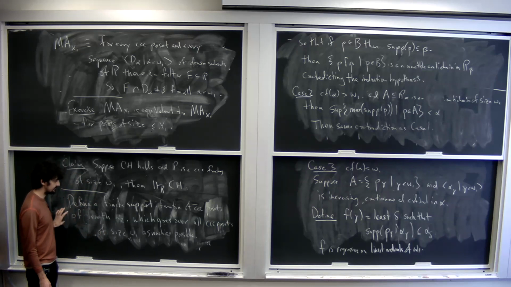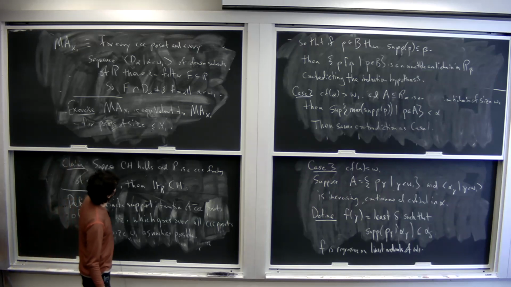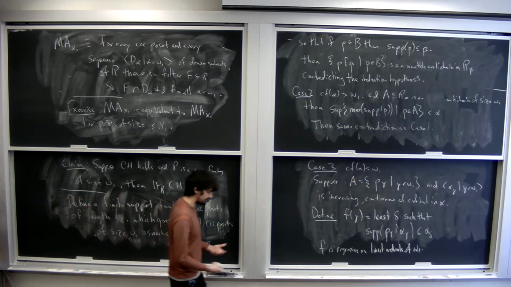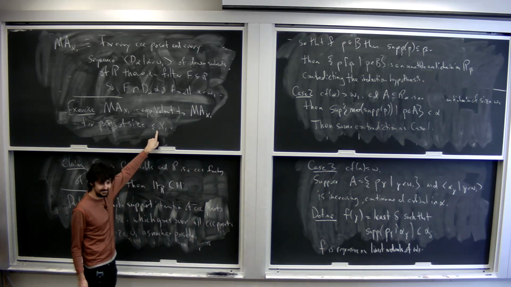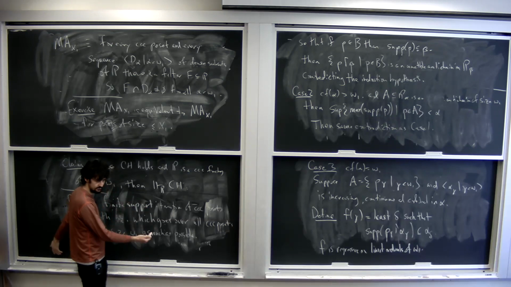So this iteration is going to force MA aleph 1, and it's going to force the continuum to be omega 2. Why does it force MA aleph 1? You go to the end, and you pick a CCC poset of size aleph 1. By some analysis of names, that CCC poset has to show up at some initial segment of the iteration.